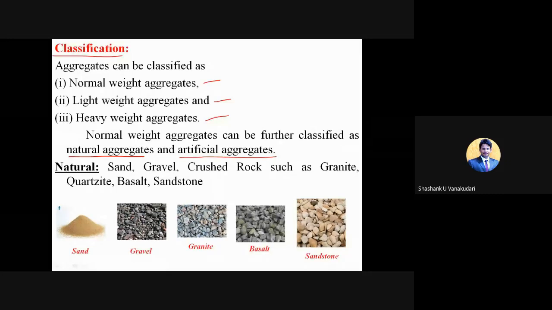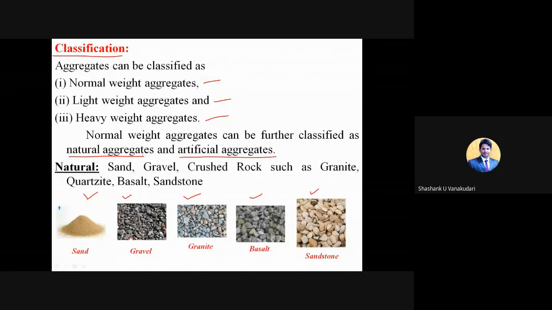Natural aggregates are nothing but what is available naturally, so no additional work is required to make it an available material. It is basically available in nature, like sand, gravel, granite, basalt, as well as sandstone. These are all available on the earth naturally.